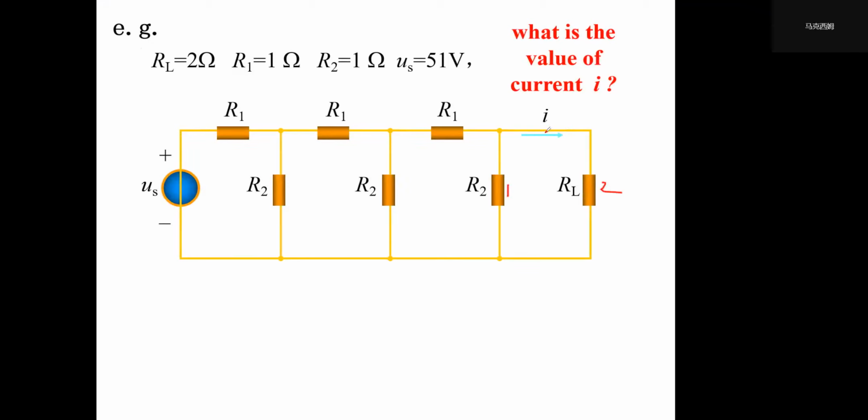So if the branch current in the RL branch is I, in this branch it must be 2 times I.